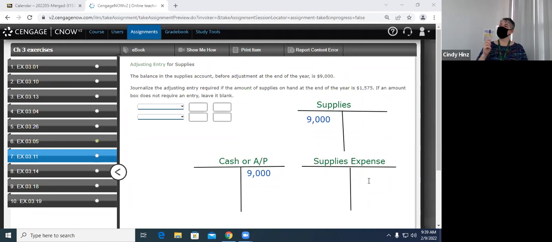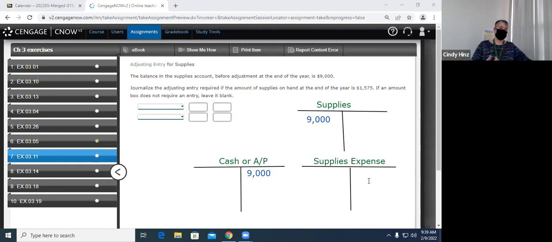It would take more expense, more cost, to make someone in our accounting department make a journal entry for me to use a pen. It's not worth it. It's not material. It's not going to change anyone's decision making about JCC. And so we haven't been keeping track of how many supplies we've used during this accounting period.